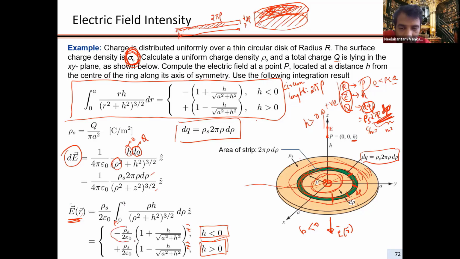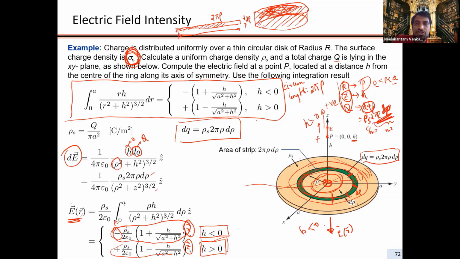In a region below the plate, the direction of the electric field is pointing down. In a region above the plate, the electric field is pointing up. Very obvious, right? If this plate has a plus charge and I put a unit positive charge on top, that charge is going to be shot up. If I bring a plus charge below the plate, it's going to go down. That's why it has a negative z hat.